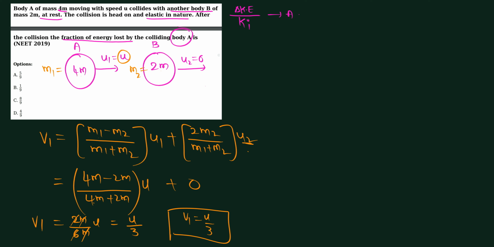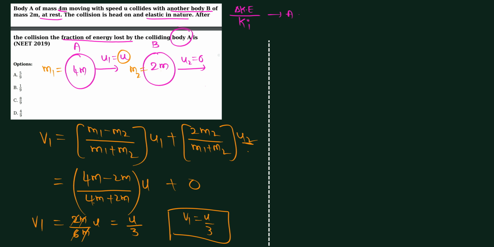To find the loss in kinetic energy, we need to find the initial kinetic energy and final kinetic energy. Already you have the initial velocity and final velocity. By using this, we can find the initial and final kinetic energy of the ball A. Okay, so body A. Now find the initial kinetic energy.